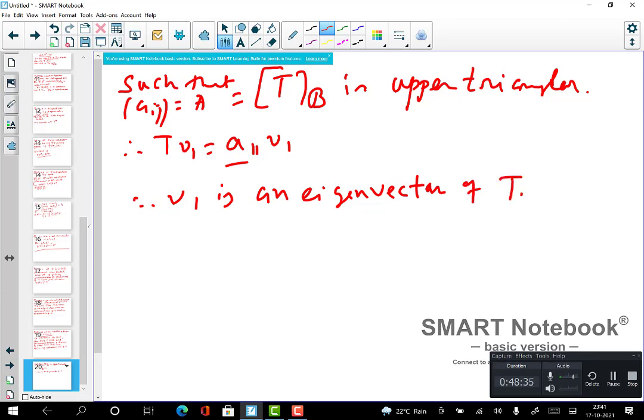Now in the hypothesis, I am assuming that up to n minus 1 these are all true.